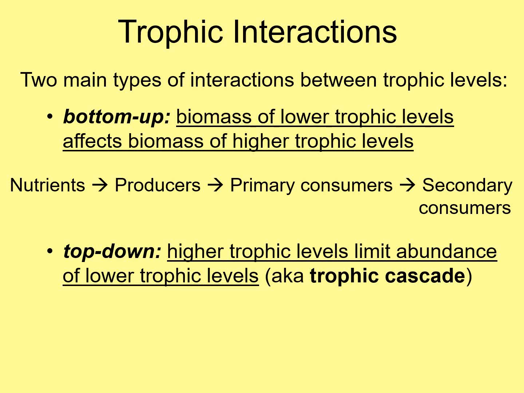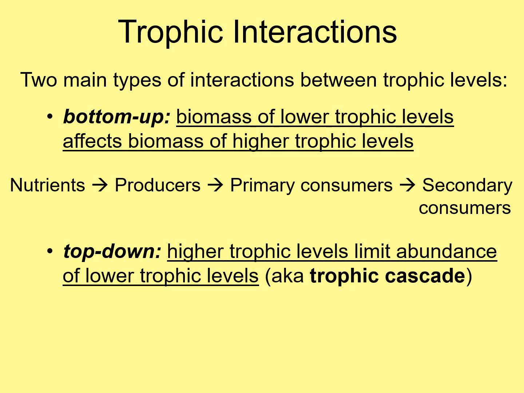If I have a lot of predators, right, that's a lot of organisms that are feeding on the next lower trophic level, let's say the herbivores, we're going to expect that herbivore population to go down, right? It's going to decrease because everybody's getting eaten.